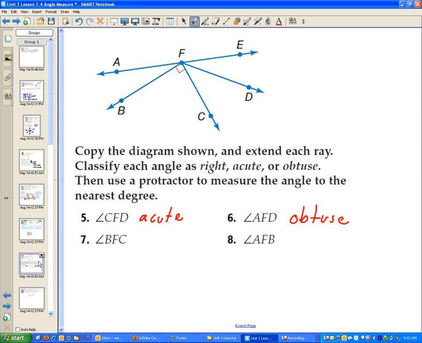Angle BFC. That's right. Hey, I can get that one. That one's 90 degrees. And last, angle AFB. AFB. Back to acute.